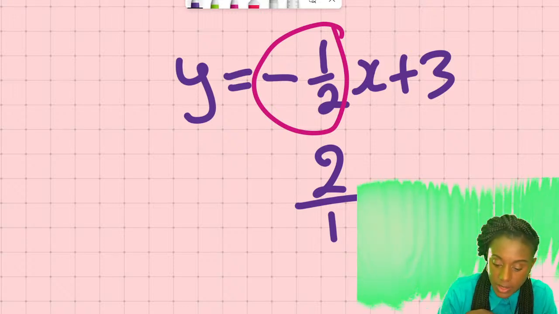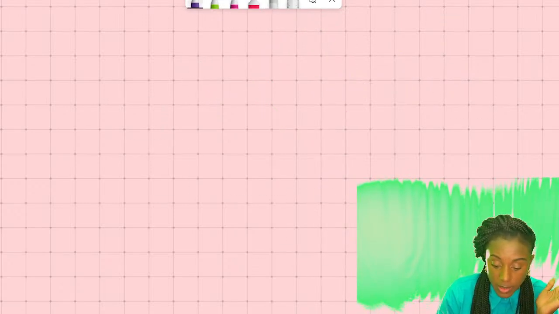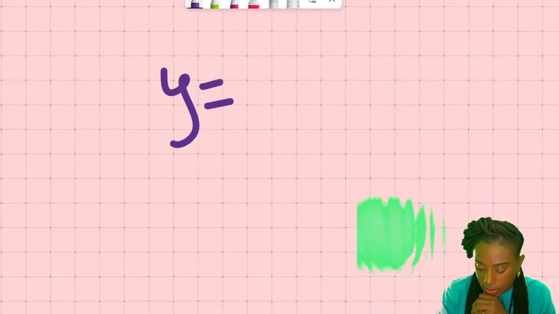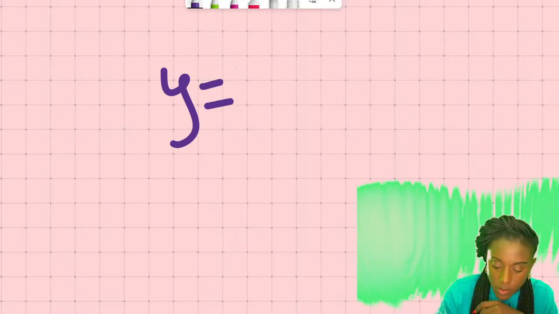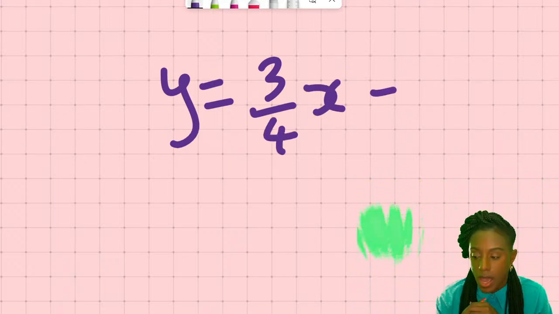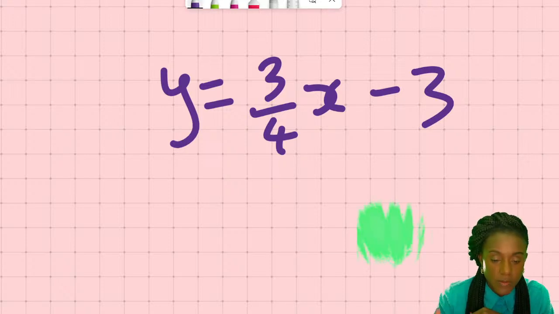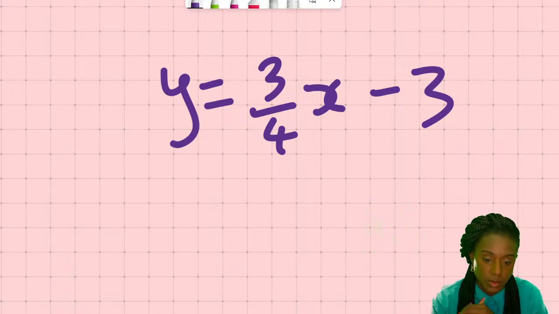So let's see here. What if I told you that I have a straight line and the gradient is 3/4 x minus 3. I'd like you to type for me in the chat the gradient of the line which is perpendicular to that line.